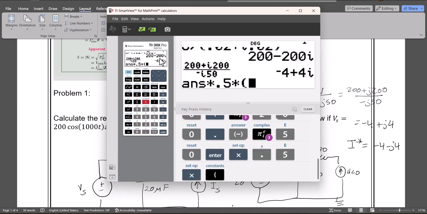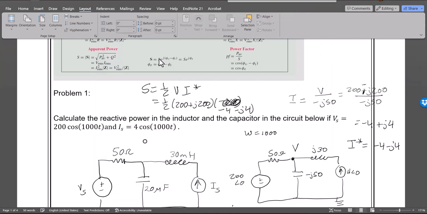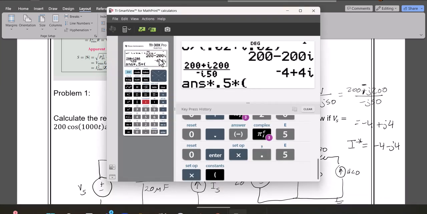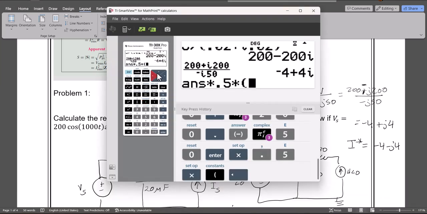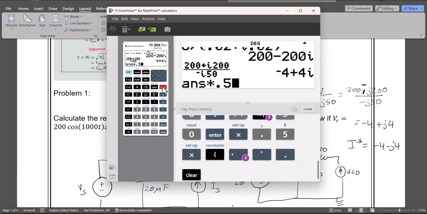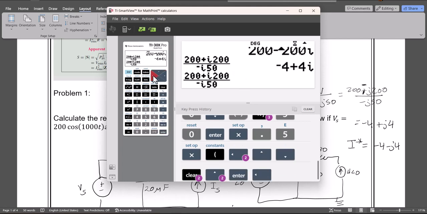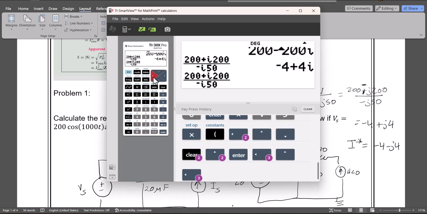That was supposed to be 200 minus. I had a plus here and this was supposed to be a minus. Do y'all think it's going to change the sign of the real part or the imaginary part?